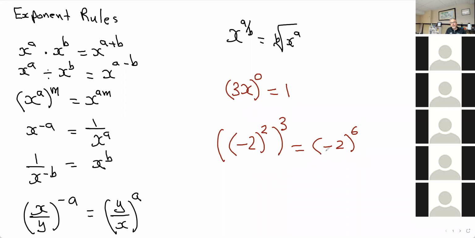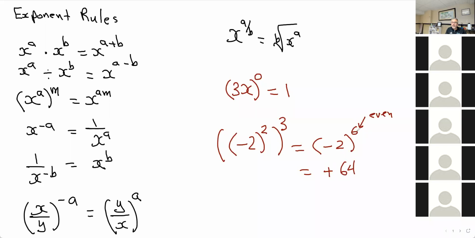Now, how do we solve this? Another thing I want you to remember, everybody, is that when you have a negative number inside the brackets and you have an exponent outside of the brackets that is an even number, then the negative becomes positive. And 2 to the power of 6 just gives you 64.